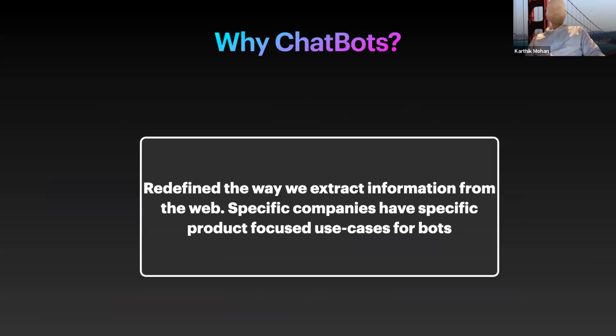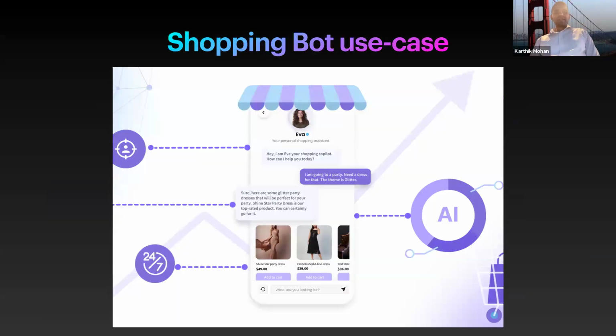Chatbots redefine the way we extract information from the web, and different companies have different product-specific use cases for chatbots. Like a shopping bot is the simplest use case, where you have a shopping assistant. You go there and say, hey, I need to purchase a dress for a party and the theme is glitter. Can you show me some examples? And then you get some examples of that.